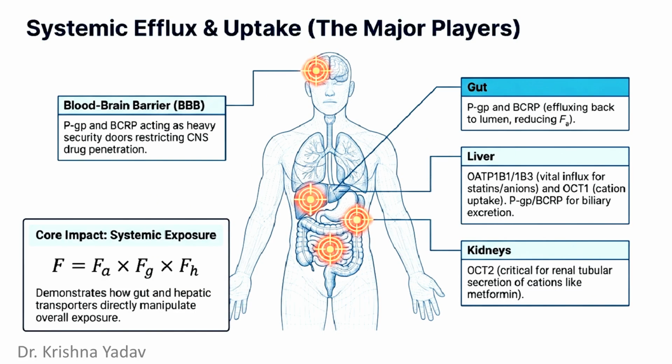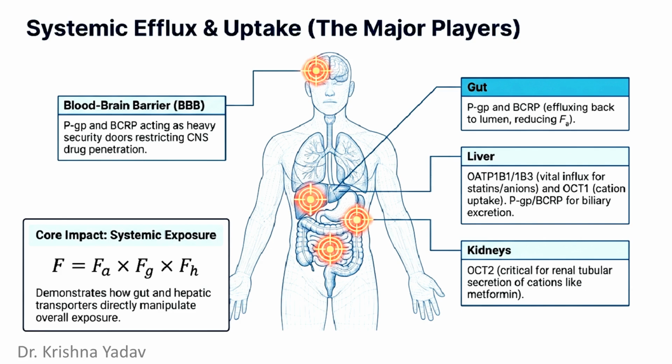This slide summarizes the major transporters controlling systemic drug exposure. In the gut, PGP and BCRP pump drugs back into the lumen, reducing the fraction absorbed, Fu. In the liver, OATP1B1, OATP1B3, and OCT1 enable drug uptake, while PGP and BCRP support biliary excretion, making the liver a key control point for metabolism and clearance.